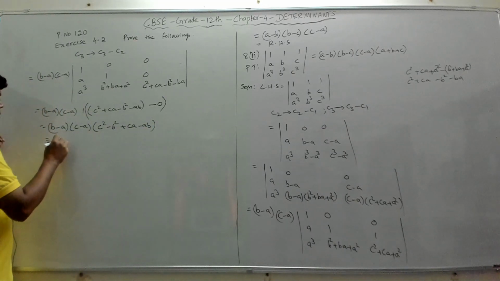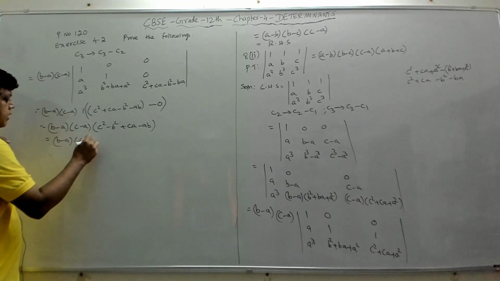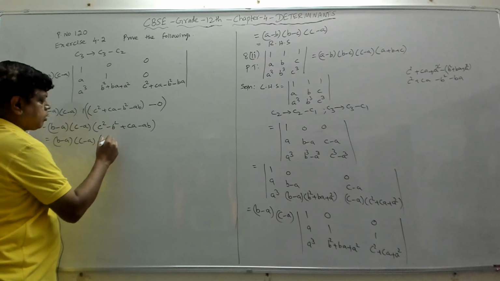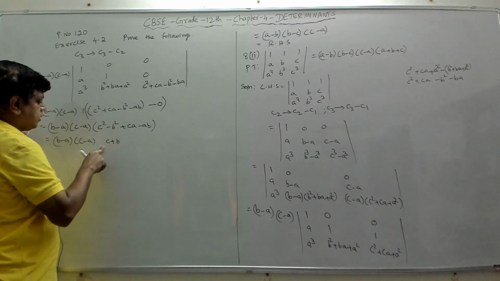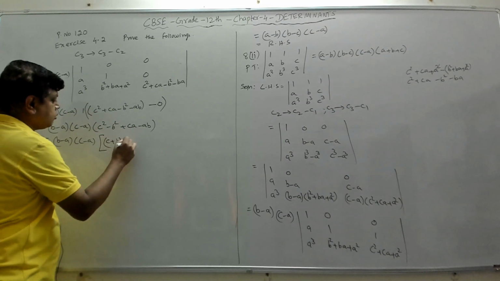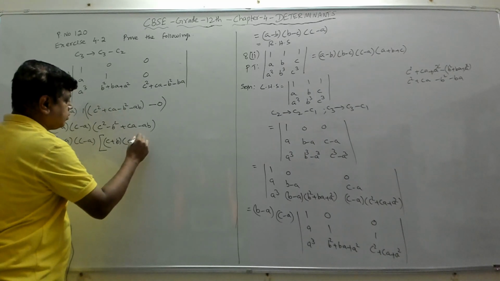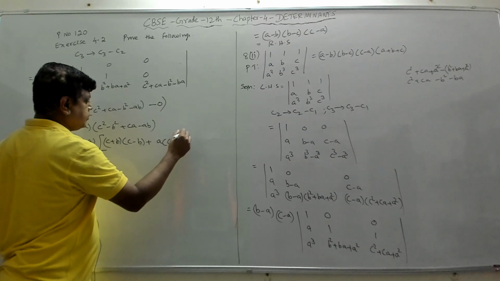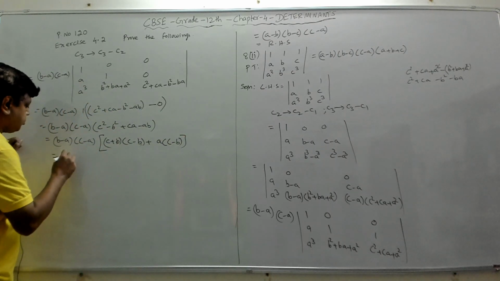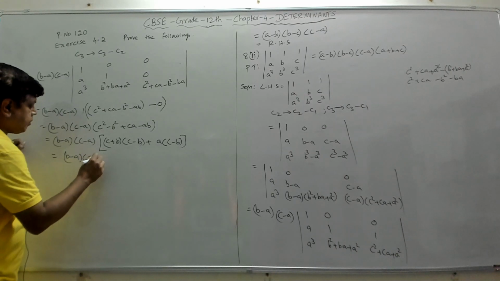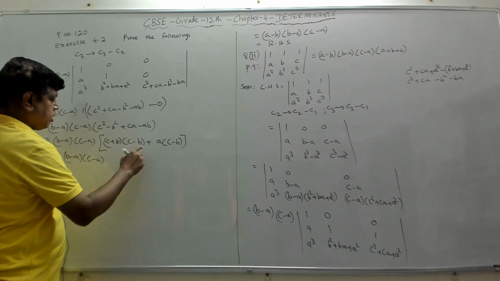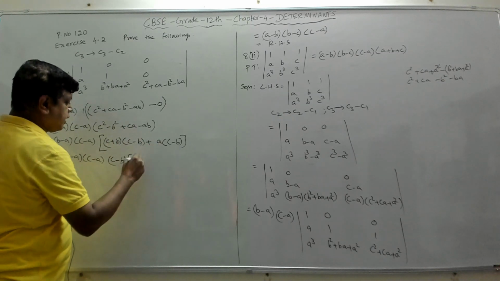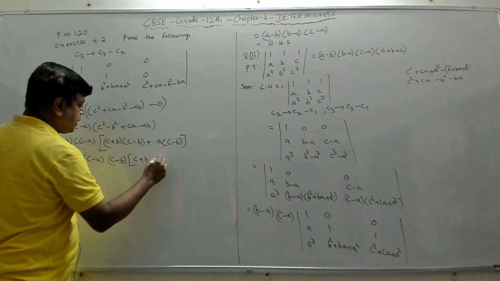So that becomes B minus A into C minus A into, C square minus B square can be written as C plus B into C minus B, plus here if I take A common, I'll get C minus B. Now again, B minus A into C minus A into, in these two again C minus B is common. If I take that out, I'll get C plus B plus A. So C plus B plus A.